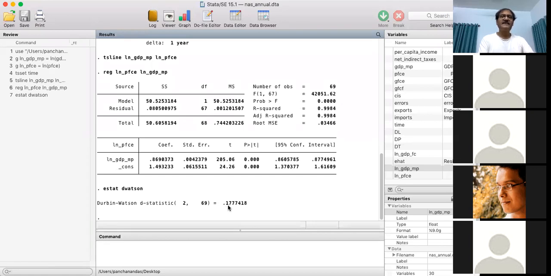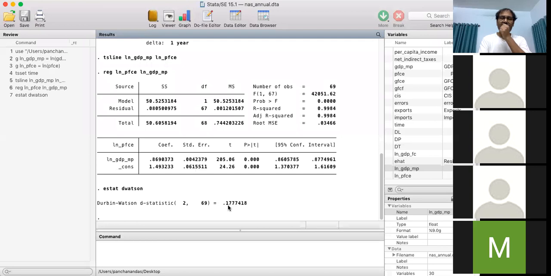If the Durbin-Watson is equal to or nearly equal to 2, then there is no autocorrelation in your model. So if the Durbin-Watson is less than 2, it indicates the presence of autocorrelation or serial correlation in your model. So this result indicates that the estimated values you have by applying OLS may be spurious.